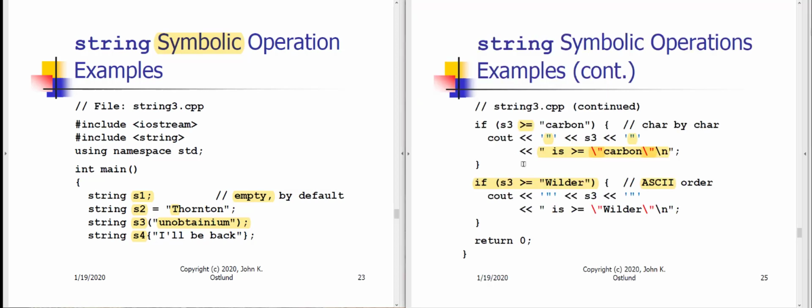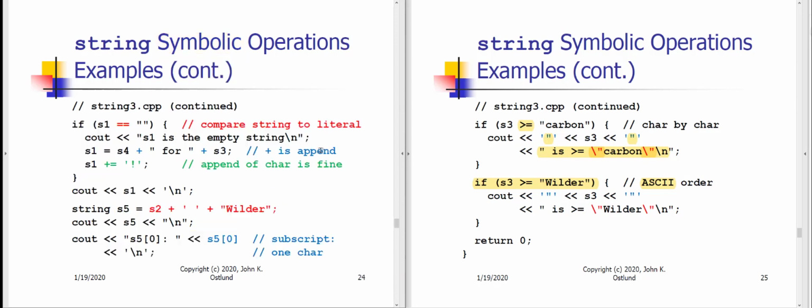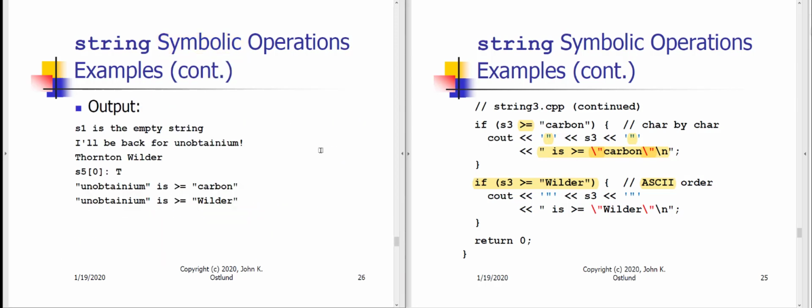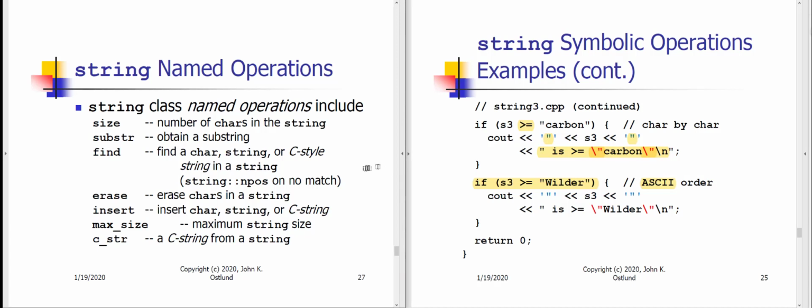All right, well, that's just a little taste of the kinds of things that you can do with C++ string objects using symbolic operations. And the output is shown on slide 26. Named operations for string objects include size, which tells you how many chars there are contained within the string. We can also extract a substring.